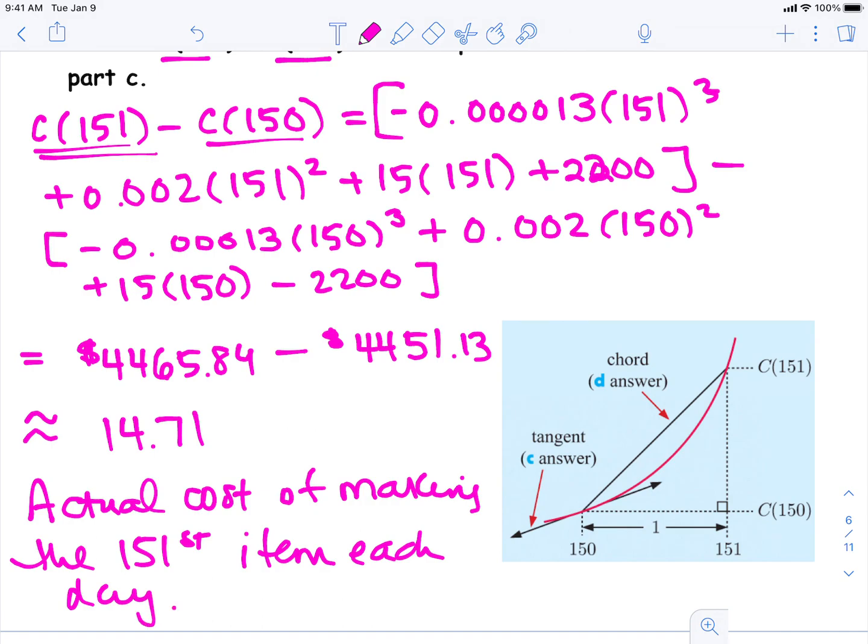So notice those two answers are very similar. Now off to the right, I did put the graph of this function for you. So here is that curve in red.